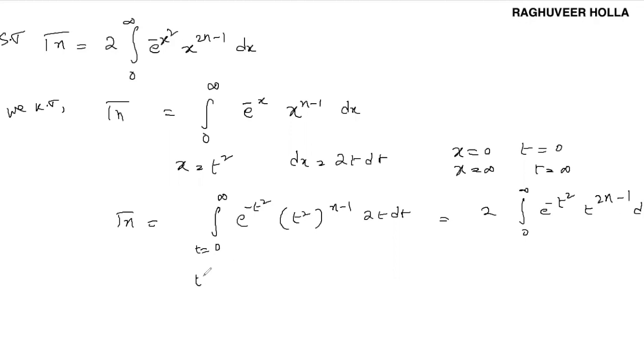Let us change t to x. So gamma n will be 2 times the integral 0 to infinity e to the power of minus x square x to the power of 2n minus 1 dx.